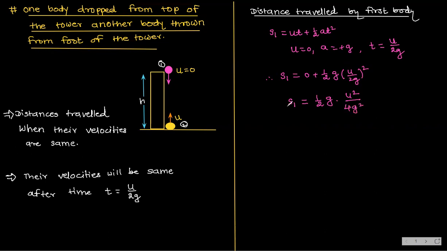Yes, no? Now one g cancels with this square. So what is left now? u square by 2 into 4, 8g. So now I got distance traveled by first body is u square by 8g. Okay.